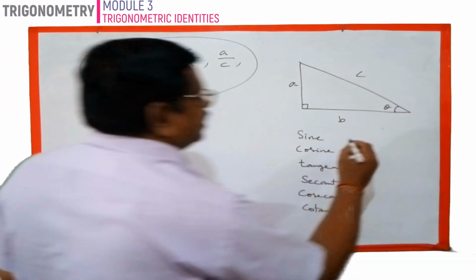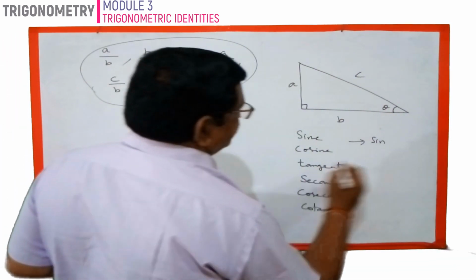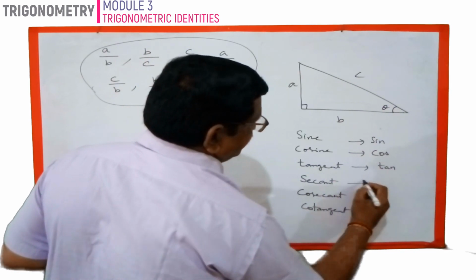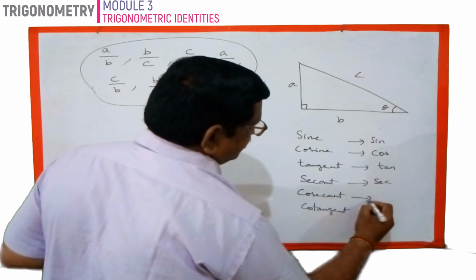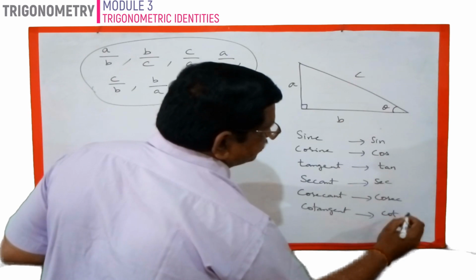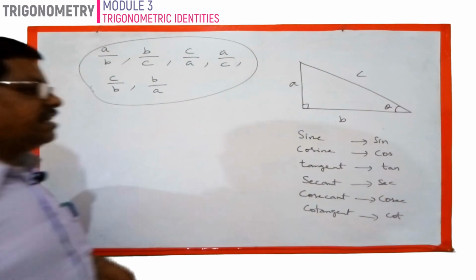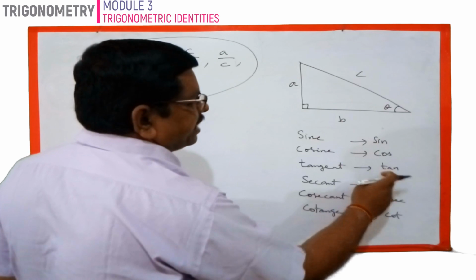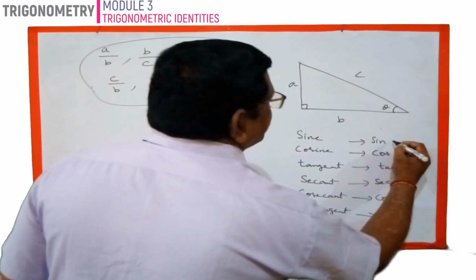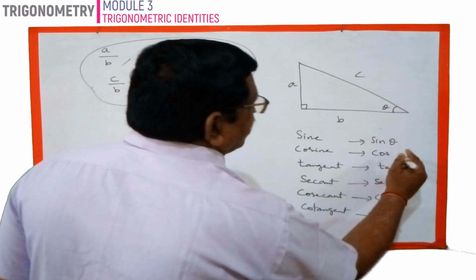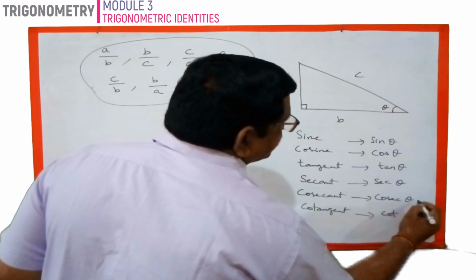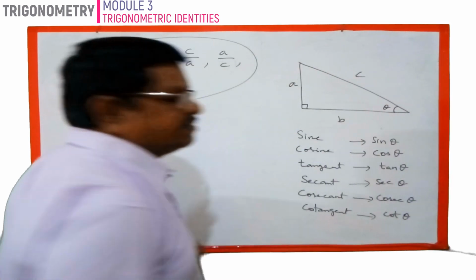We write them as sin, cos, tan, sec, cosec, cot. So we generally take sin, cos, tan, sec, cosec, cot. With them we will take theta: sin theta, cos theta, tan theta, secant theta, cosecant theta, cot theta.